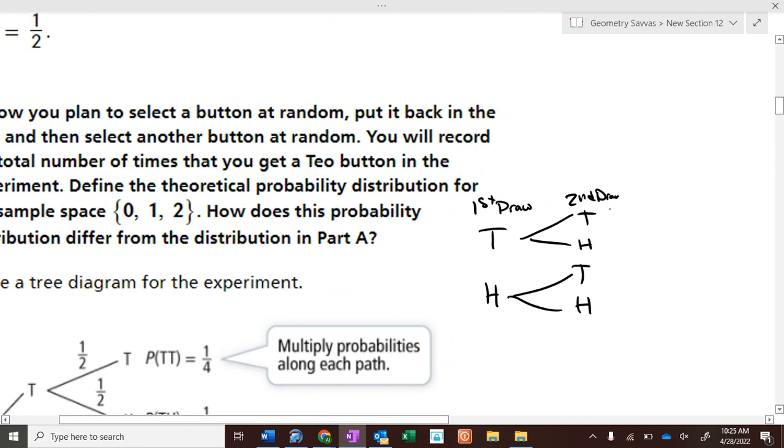So, what's the probability of going Teo-Teo if each one of them is a 50% chance? So it's 1/2 times 1/2, which is 25%. What's the percent chance of going Teo Henry? 25%. What's the chance of getting Henry Teo? 25%. What's the chance of going Henry Henry? 25%. So what's the probability that you get 0 Teos? The probability of 0 Teos. 25%.